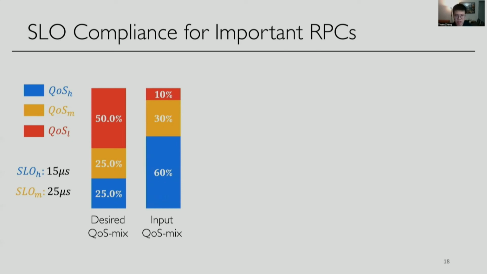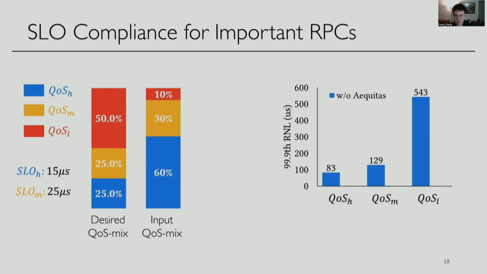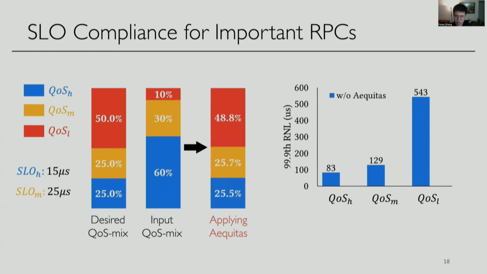Before applying Aequitas, this input QoS-Mix will cause bad tail latencies and miss both SLOs for QoS high and QoS medium. After applying Aequitas, Aequitas is able to converge this input QoS-Mix back to the desired QoS-Mix, and it can achieve the SLO requirements for both QoS high and QoS medium.